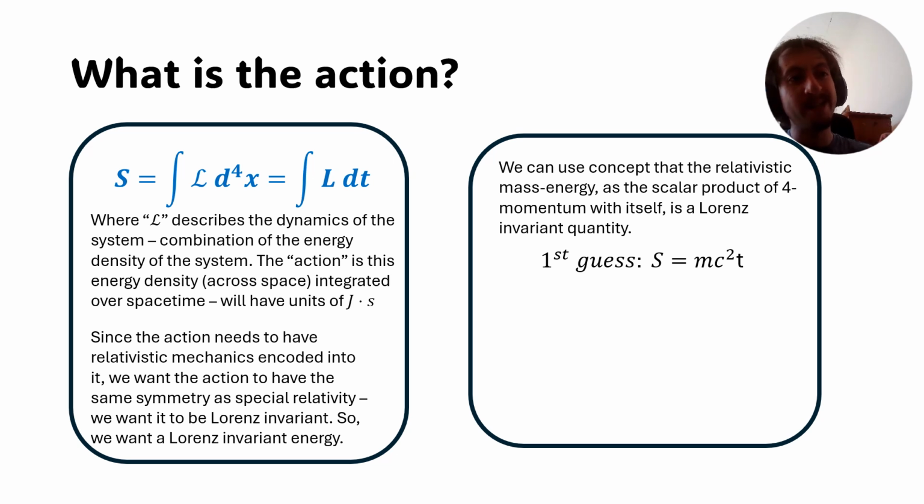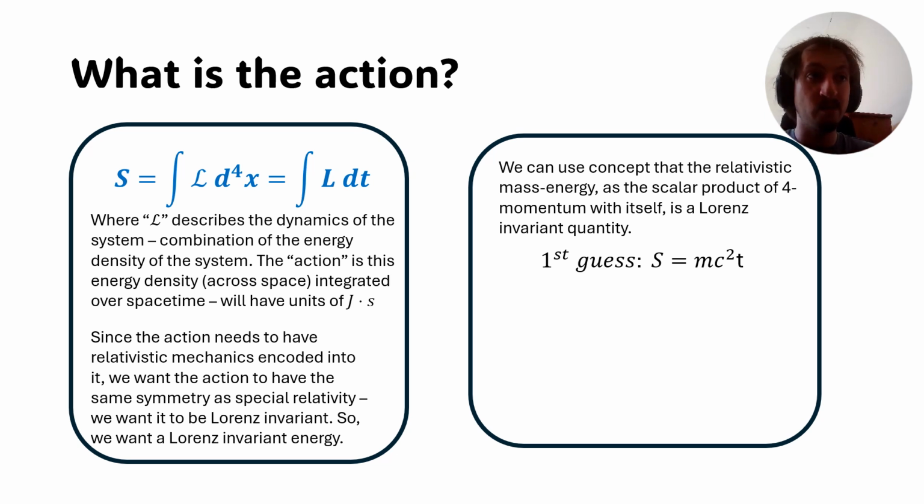But the thing is, okay, we've got a Lorentz invariant energy, mc squared, but time isn't Lorentz invariant usually. There's a special time, because of how it's defined in relation to motion, that is Lorentz invariant, which we'll call the proper time, and the proper time is related to the space-time interval.